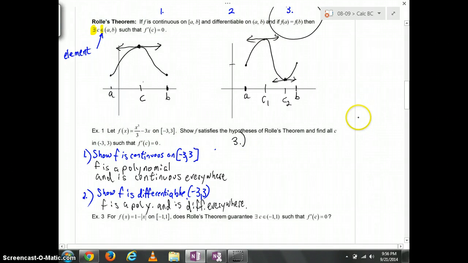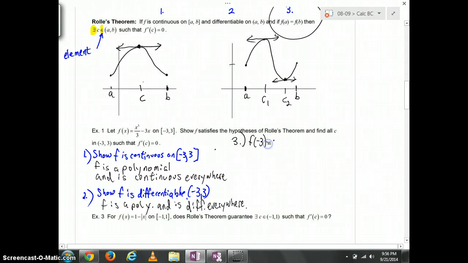Well, the third condition of Rolle's theorem, you can see it up at the top of the screen. We need to check the endpoints, find out what f of -3 is. Well, f of -3, if I plug -3 in, -3 cubed is -27. -27 over 3 is -9. And negative 3 times negative 3 is positive 9.